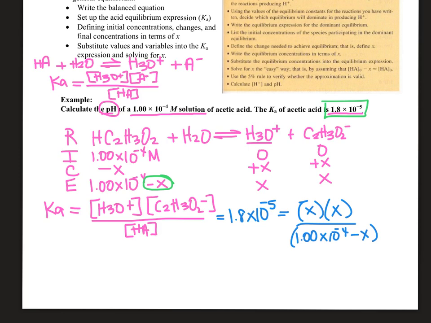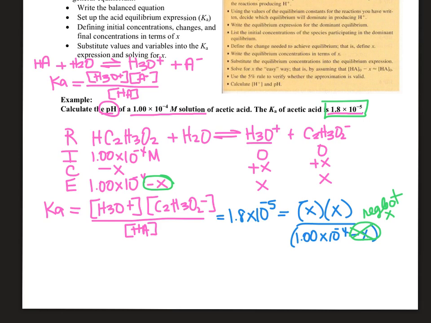With that concentration already being small and us subtracting a really small quantity, we don't really care about this minus X. That's what we call neglecting the X. If you do it with an equation solver, sometimes it's a little bit different of a number, but not enough to drastically change your pH. So that change in the HA concentration is very tiny with weak acids.